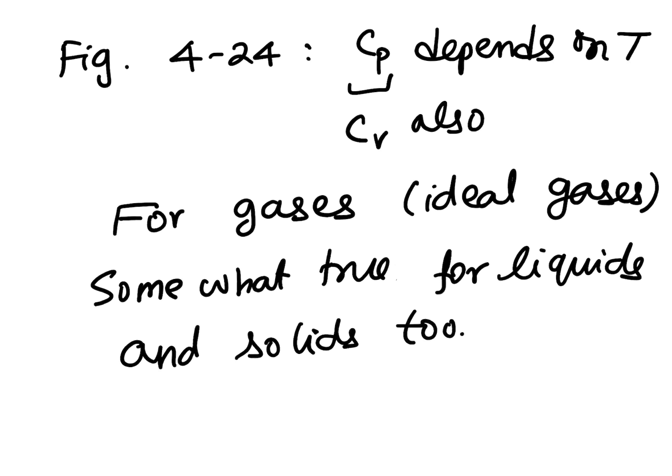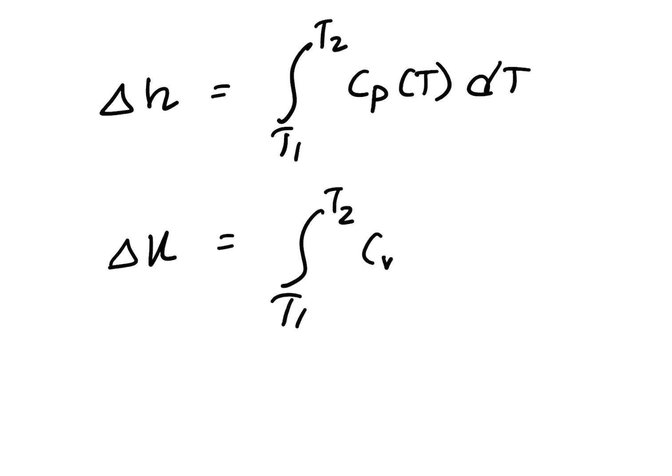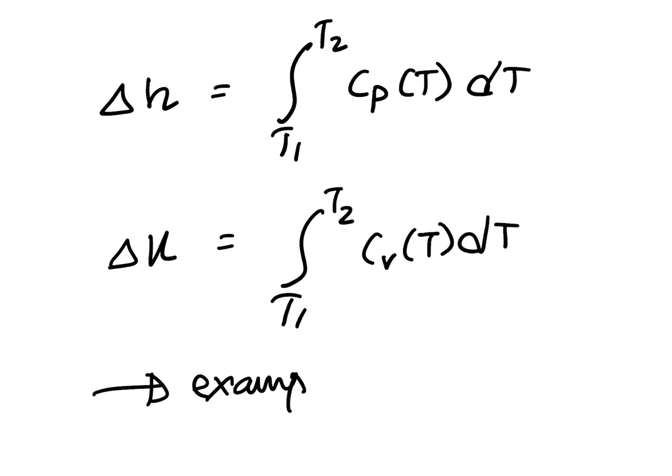So the thing to remember is that whenever you try to calculate delta H or delta U, you need to make sure that you are using the correct function for Cp or Cv, and we'll do examples that illustrate this formula.